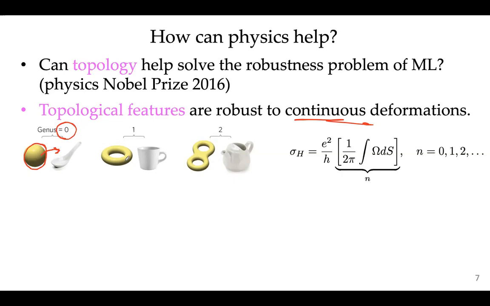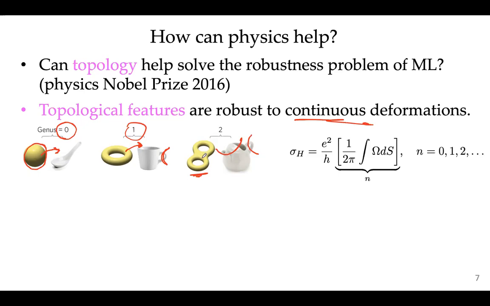If you look at the torus now, there's one hole, so the topological number is 1. You can continuously deform it to a mug because there's only one hole in the mug. If you look at this figure, it has 2 holes. You can continuously deform it to this teapot because it has one hole here and the other hole here.